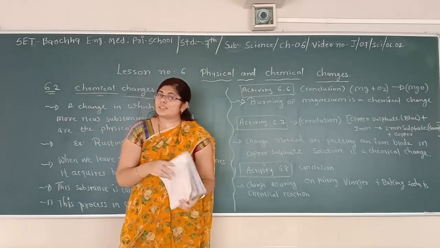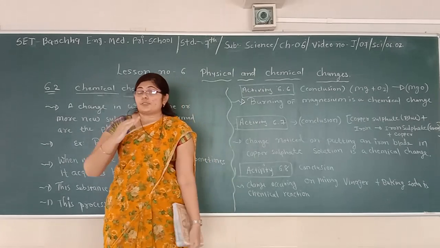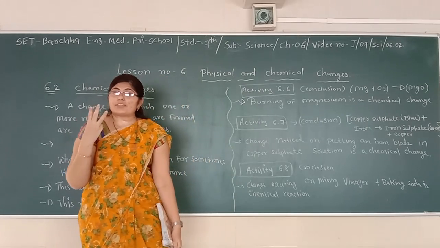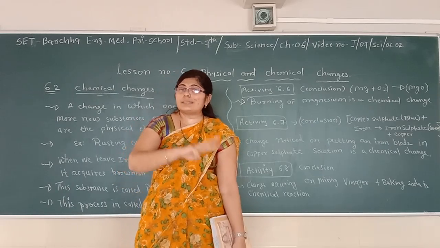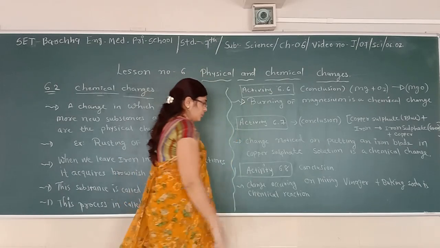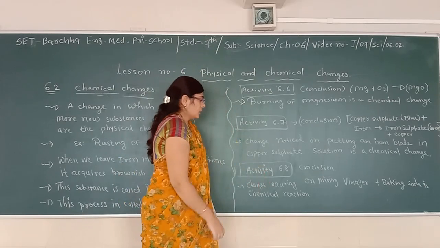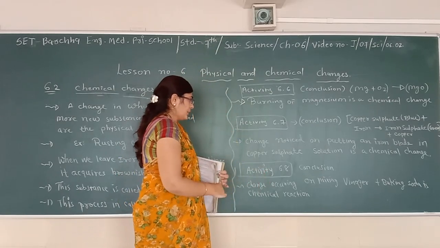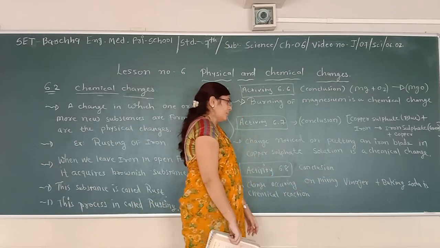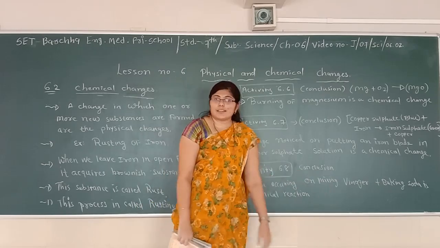Sodium acetate. Simple. In all three activities, 6.6, 6.7 and 6.8, let me conclude with 6.8. You can see that the change occurring on mixing vinegar plus baking soda is a chemical reaction.